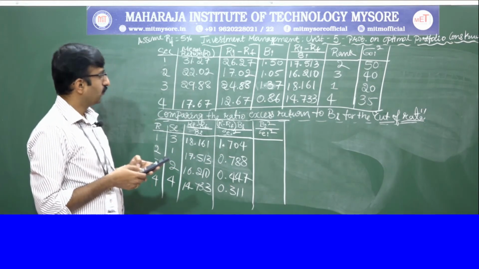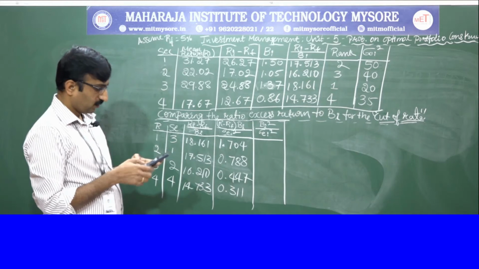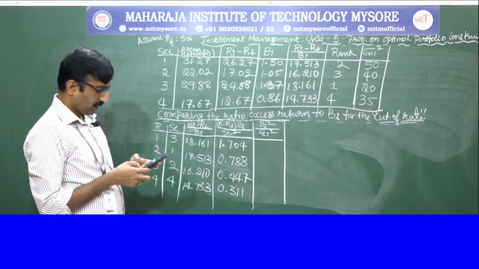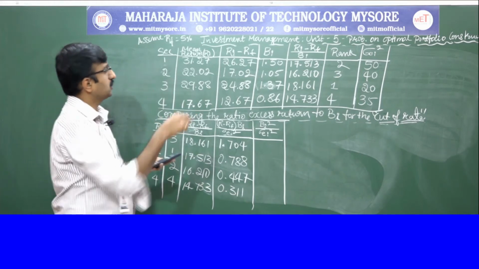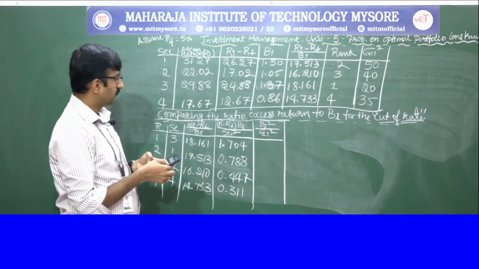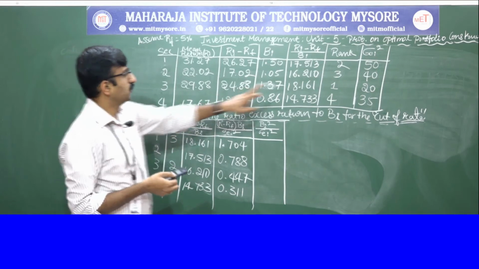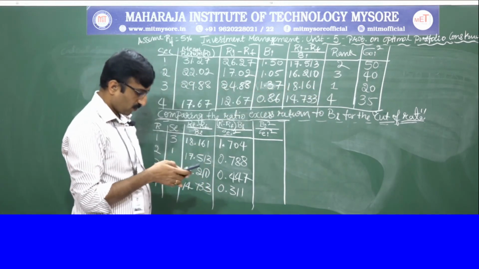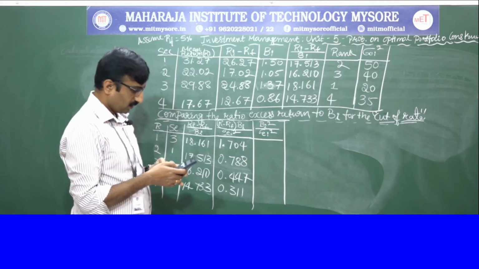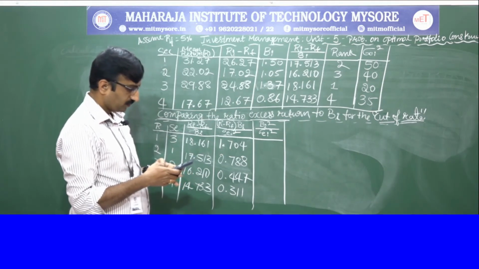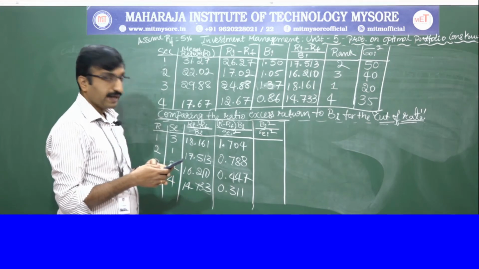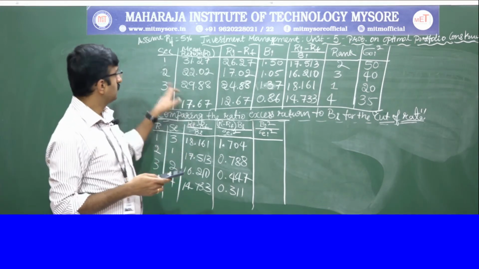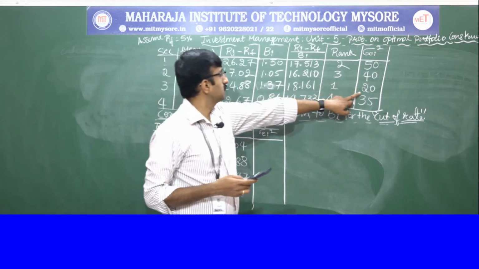Beta square: the first one is 1.37. 1.37 to the power of 2, we will get 1.8769, divided by the standard deviation, that is 20.